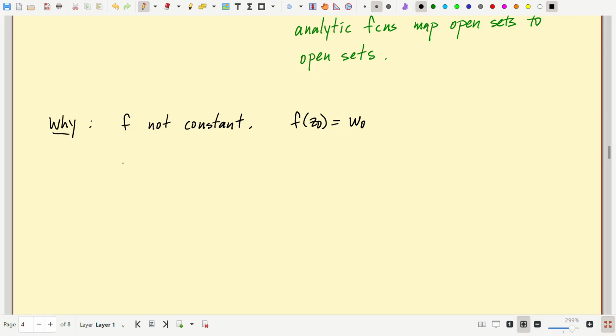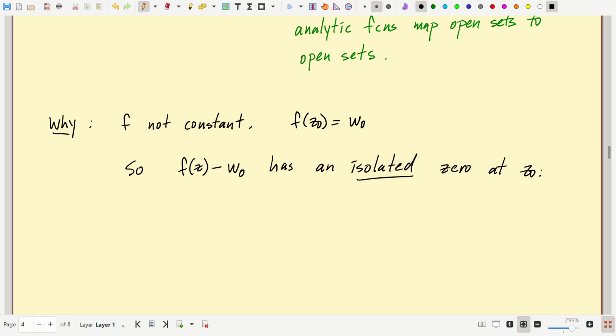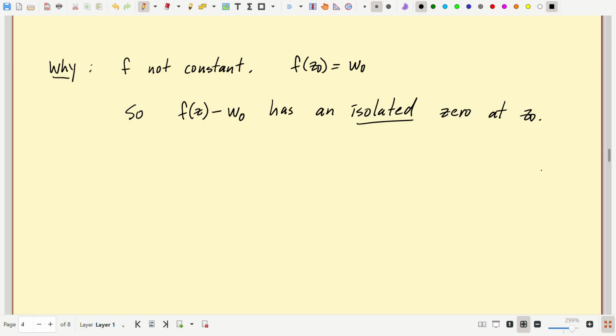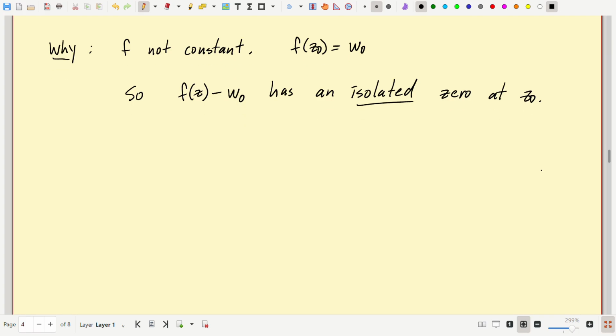So if I think about f of z minus w naught, it's not constant. It has an isolated 0. Otherwise, it would be constant. I mean, if it wasn't isolated, then it would be constantly w naught.